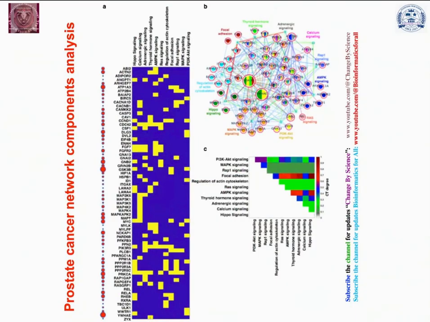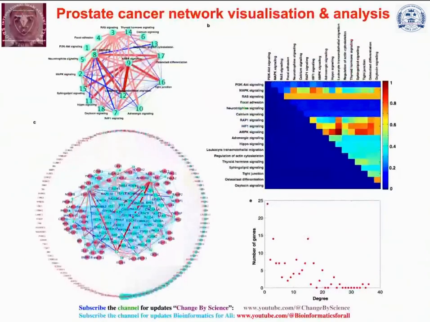Now, this is the deeper analysis for the prostate cancer network components, and these are some of the main points which you need to analyze in systems pharmacology. Of course, I can understand many people are not aware of pathway crosstalk, but you need to think how to present or analyze the pathway crosstalks.